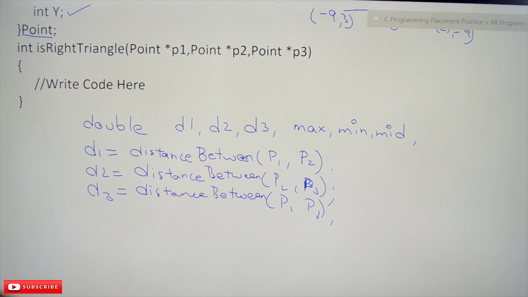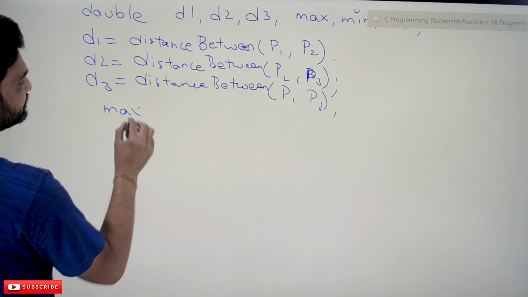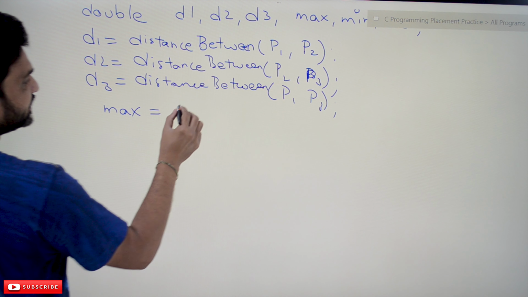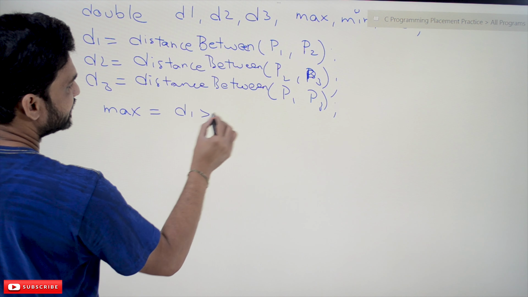How to find that? We have to write the ternary operator code. So max is equal to, how to find the maximum between 3 points? It is d1 greater than d2. If this is true, which means that d1 is the maximum so far, next we compare d1 greater than d3.